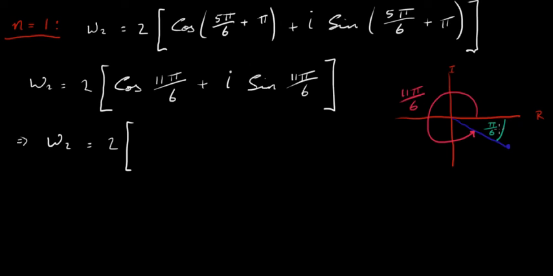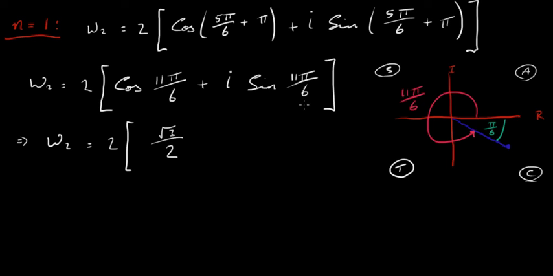Now the cos of pi over 6 again is root 3 over 2. Now again, we're in the fourth quadrant here, and the cos here is positive. Remember, it's A, S, T, C. So cos is positive, so it's plus root 3 over 2.